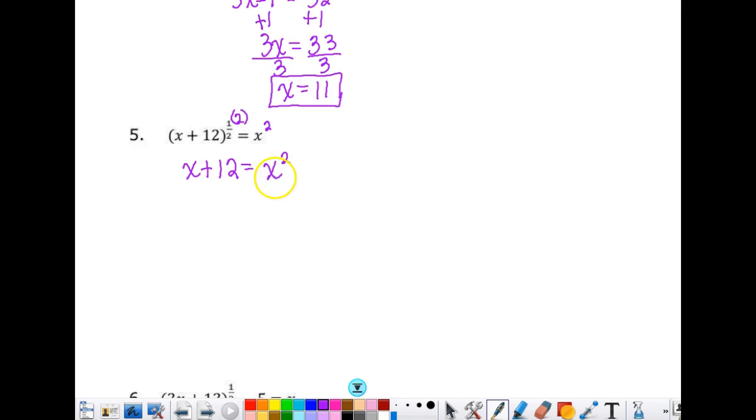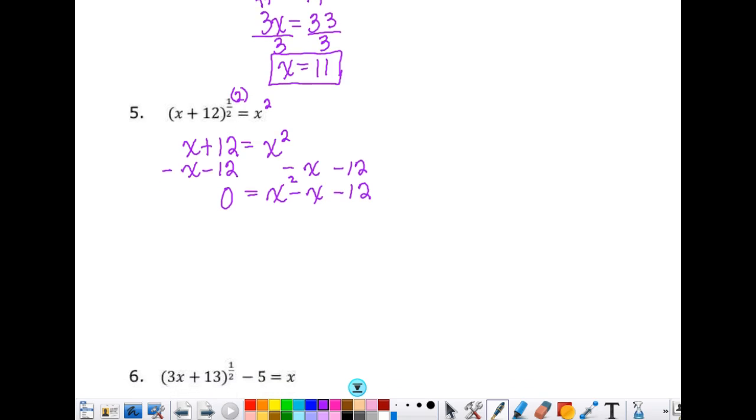So when you have an x squared, you move everybody to one side. We've had that happen several times this year. Everybody to one side. I don't want to move the x squared over here, because then I'll get a negative x squared, and I just don't want to mess with that. So it's easier to me to move the other 2. Move the x and the 12.